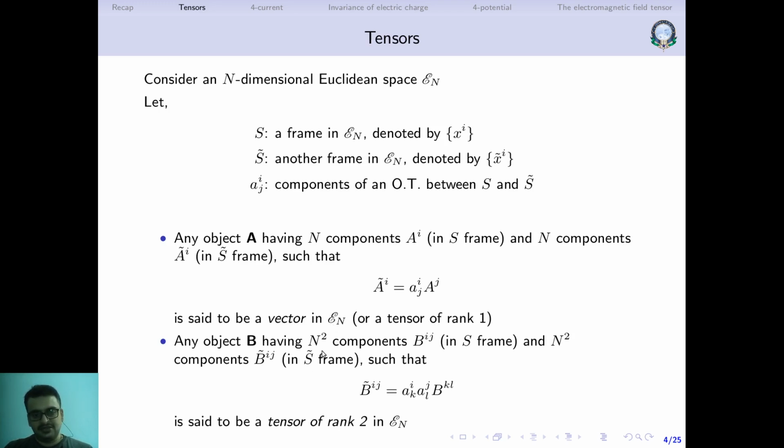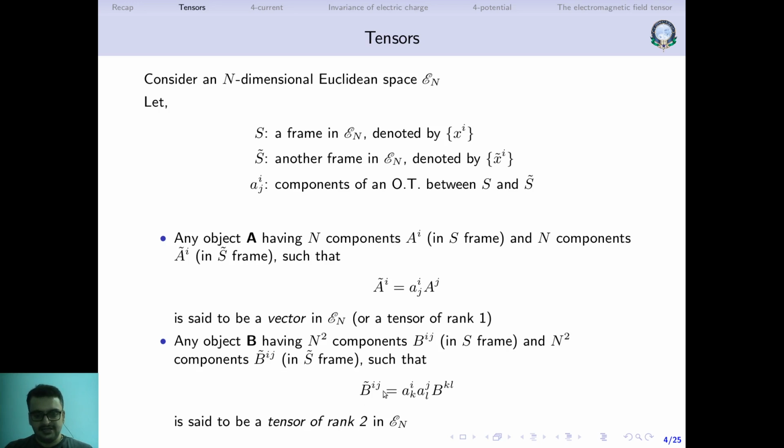Then let's say I have another object also defined in the same Euclidean space E^n, and this one has n^2 components. Let's say we have three-dimensional space, so I have another object having 3^2, which is 9 components. I call these components B_ij in the S frame, and those n^2 components B̃_ij in the S̃ frame.